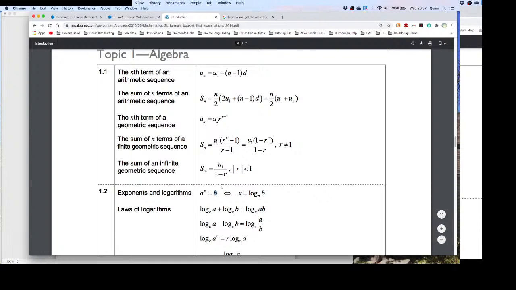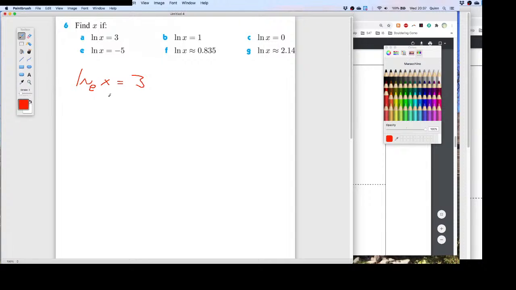All right? So if I want to solve for this x in here, it's base to the power of the other side of this equal sign is equal to my argument x. All I'm doing is using the formula. So that's A. Let's do B.